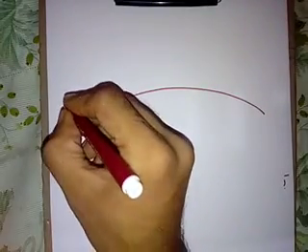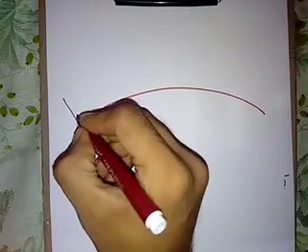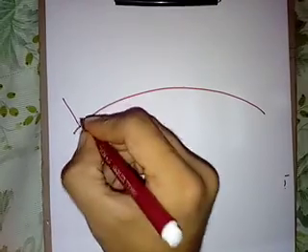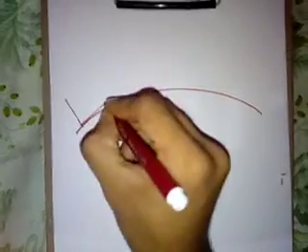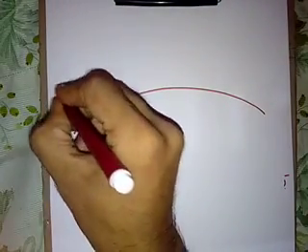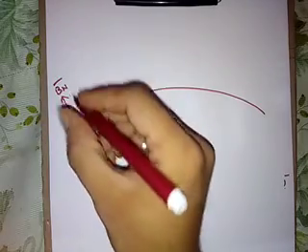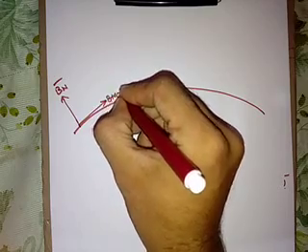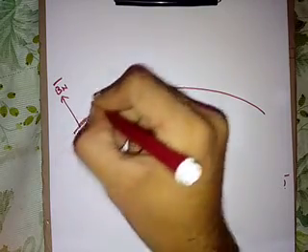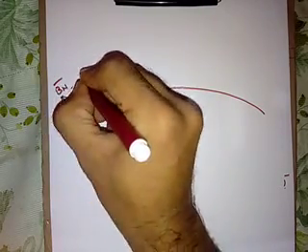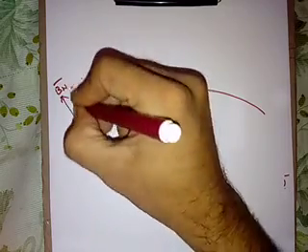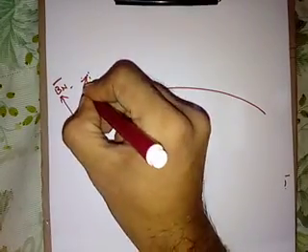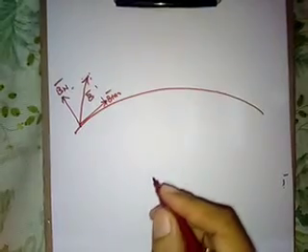On this surface we are resolving the components. This is Bn bar, then we have B tangential bar, and the resultant of B normal and B tangential is our field, the magnetic flux density B bar.